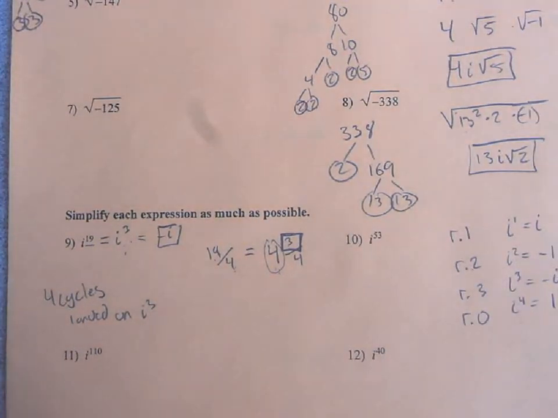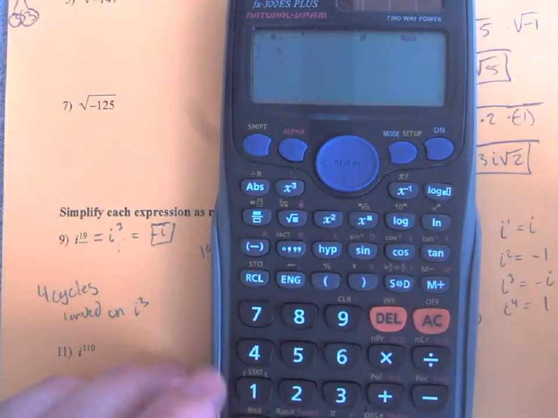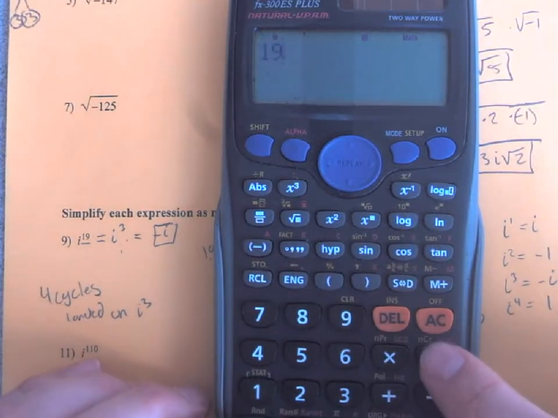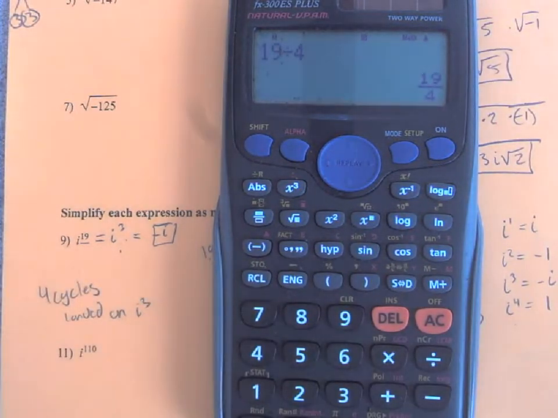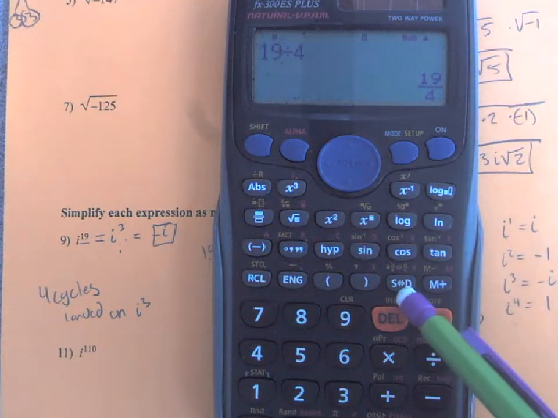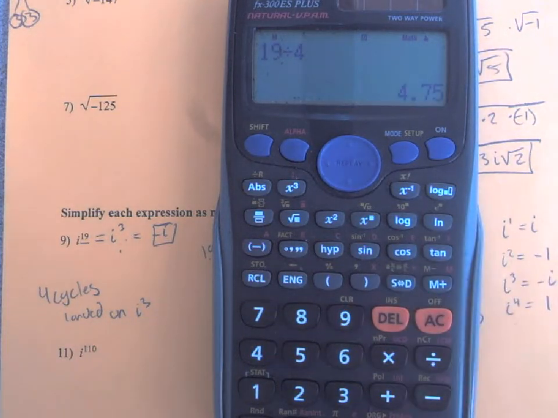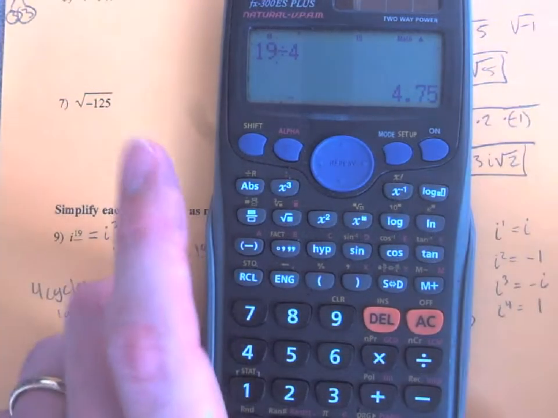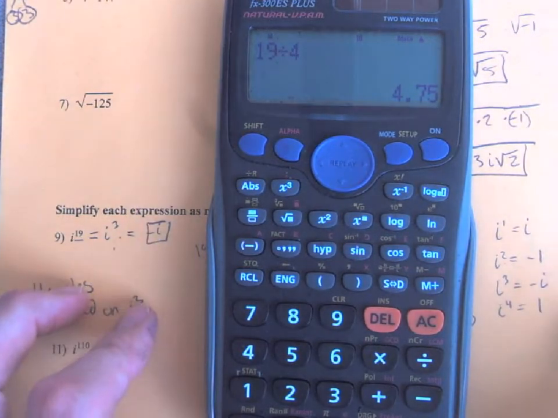So this is another way to think about it. So if I were to go back and do this guy, right? So I've given you several different ways to think about this. Let's say I take 19 and I divide it by 4. Okay. Now my calculator gives me a fraction, which doesn't really help me a lot. So what I'm going to do is use this button, S to D, to change it into a decimal, and it's 4.75. So in my mind, I'm like, oh, 4.75, that's 4 3/4.